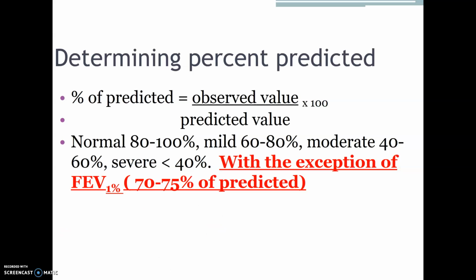So to do a couple examples of these, if we have a parameter such as forced vital capacity, based on the patient's age, height, and gender, let's say this patient's predicted forced vital capacity is 5.28 liters.